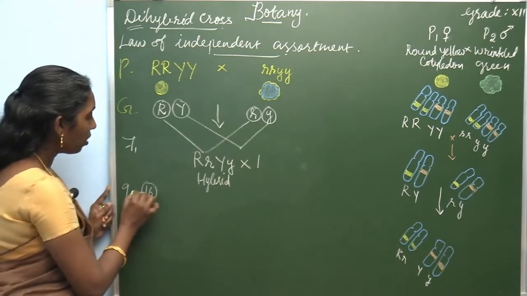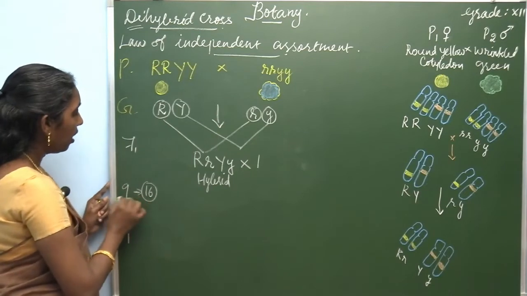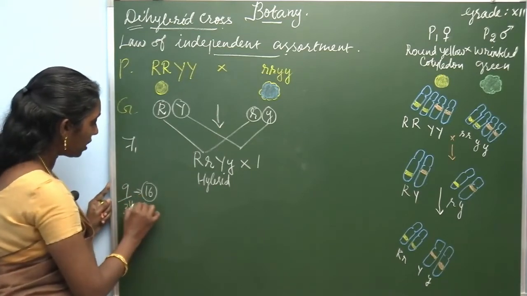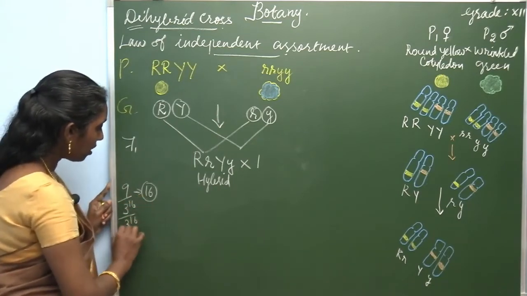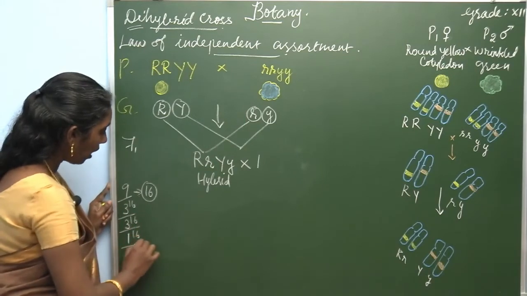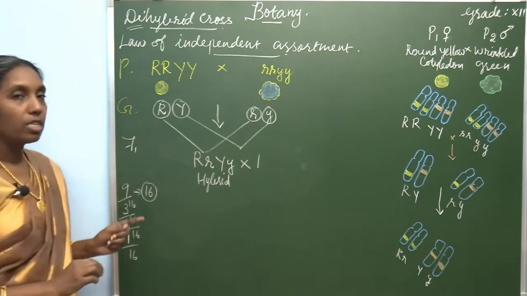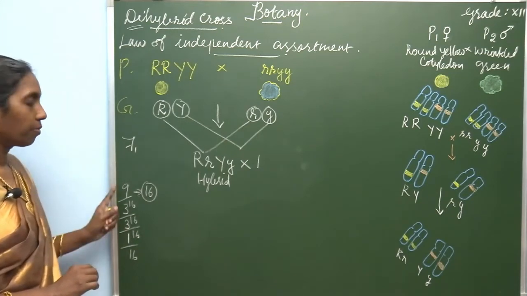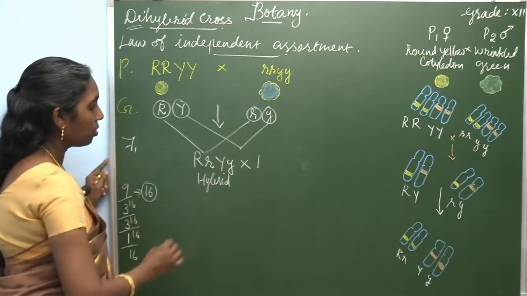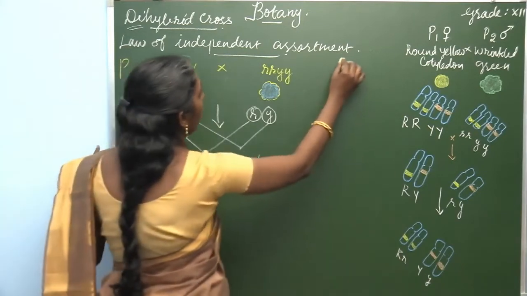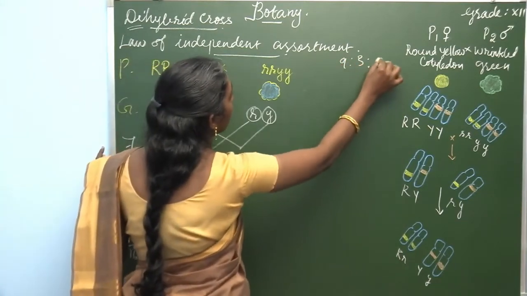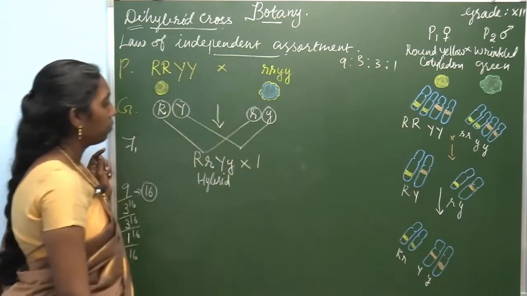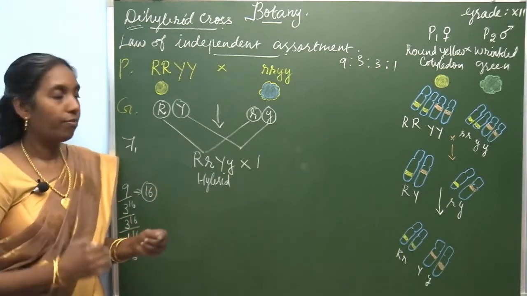So out of 16, there are 9 out of 16, 3 out of 16, 3 out of 16 and 1 out of 16. So the ratio it gives is 9:3:3:1. Let's see how it forms.